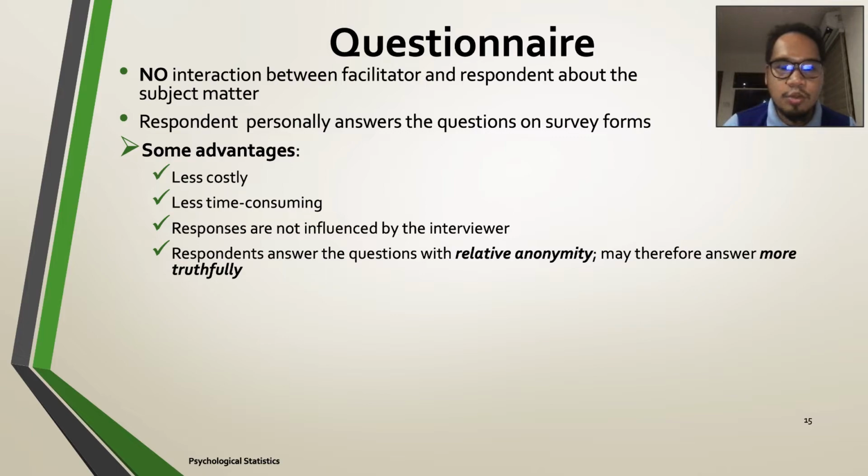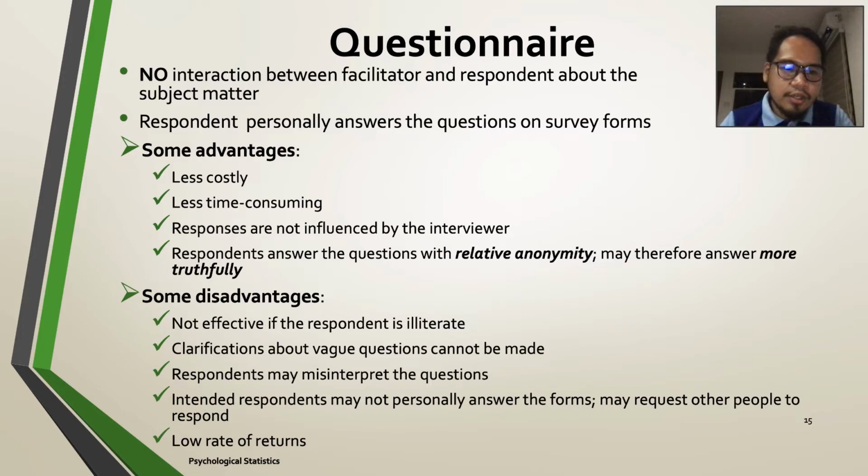That's why every time you give a questionnaire, the name should always be optional, unless the name of the respondent is a variable of your study, which rarely happens. So as much as possible, so that the participant will be comfortable in answering your questionnaire, always put in the name part: name, open parenthesis, optional, close parenthesis, and then a blank.